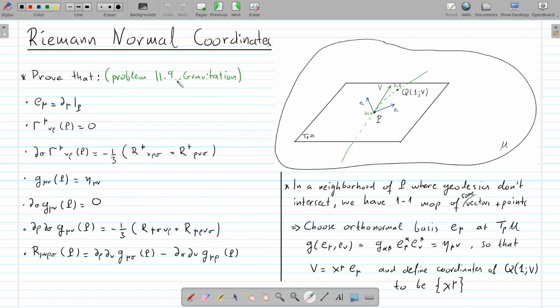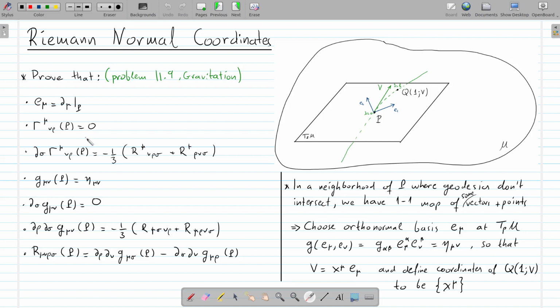Now, one can show, and you can open the heavy book by the three giants of gravity and look at problem 11.9 to see how this is proved, that if you make such a construction, then the orthonormal basis is the value of the coordinate basis of that coordinate system at the point P. And in those coordinates, the Christoffel symbols at the point P vanish.